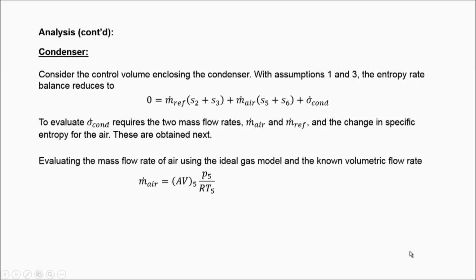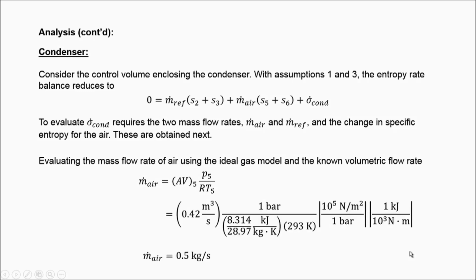The mass flow rate of air is evaluated using the ideal gas model and the known volumetric flow rate and the state parameters. m dot air is equal to AV5 times P5 divided by R times T5.